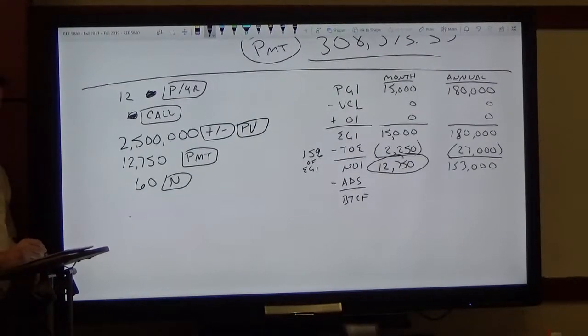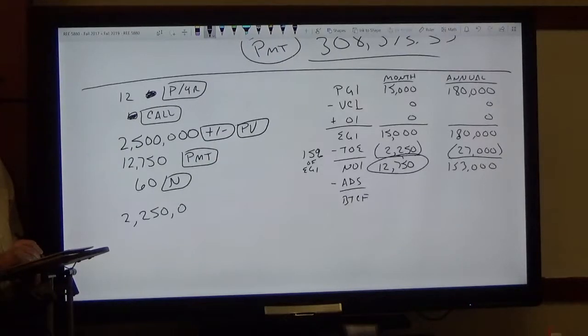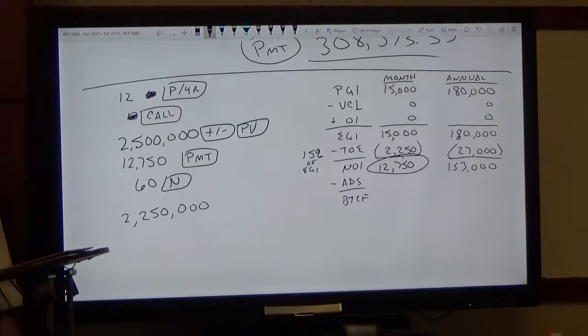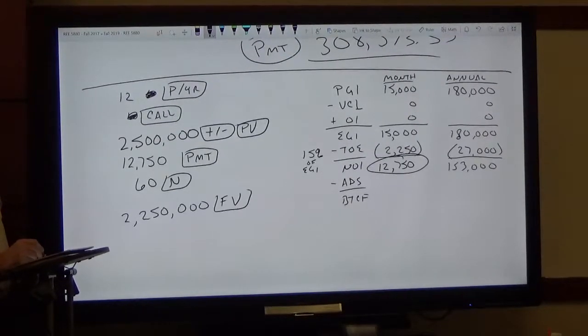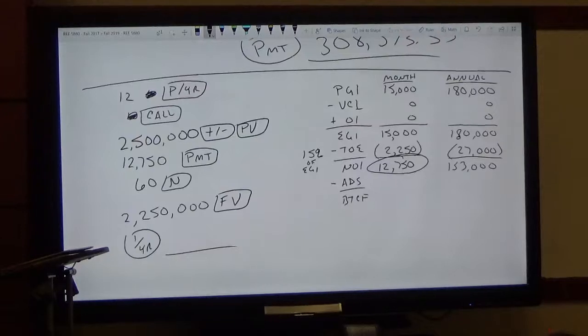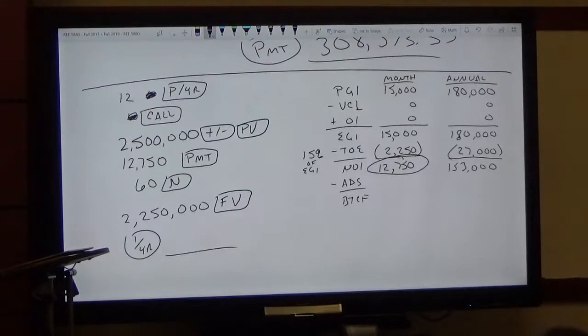Let's say we sell it for $2,250,000, so we lose $250,000 off of the resale. That's going to be our future value. And once again, we can simply use the interest rate function key to solve for our internal rate of return.